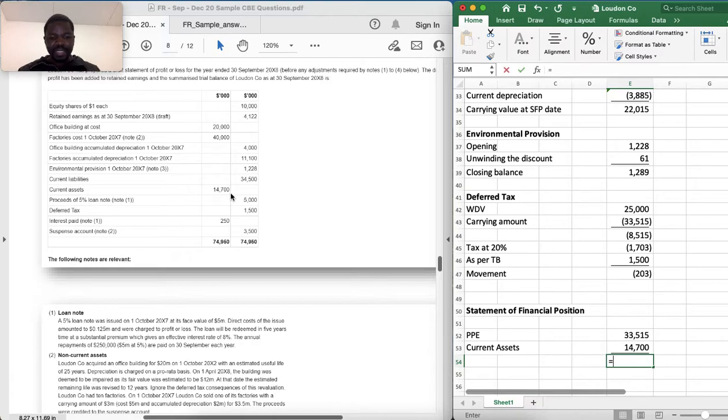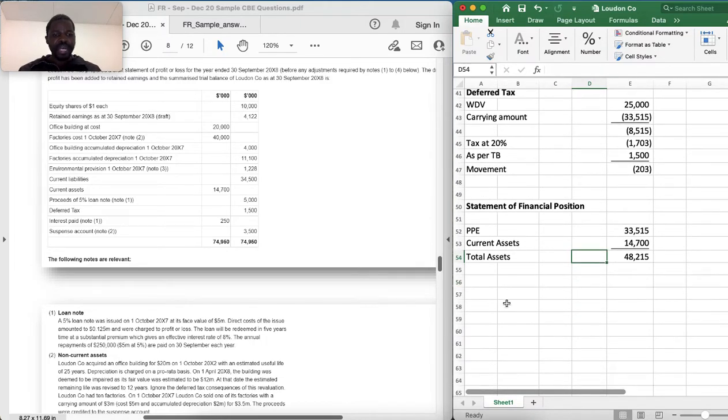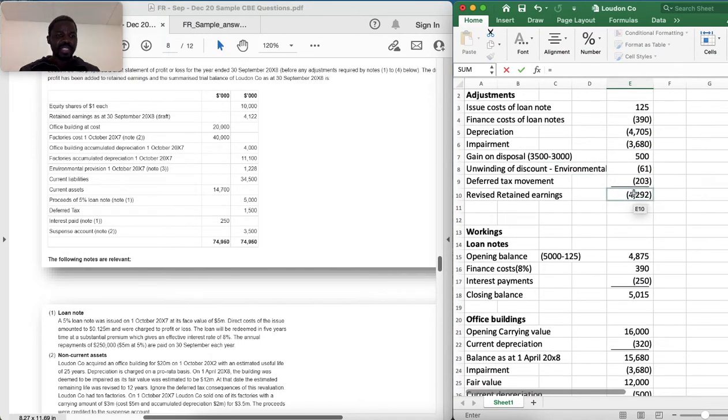Then when we add this, we get that this is total assets. Then under our equity and liabilities, we have got share capital. The share capital that we have is 10,000. Then we've got retained earnings that we have revised. We take our figure here, is this one.